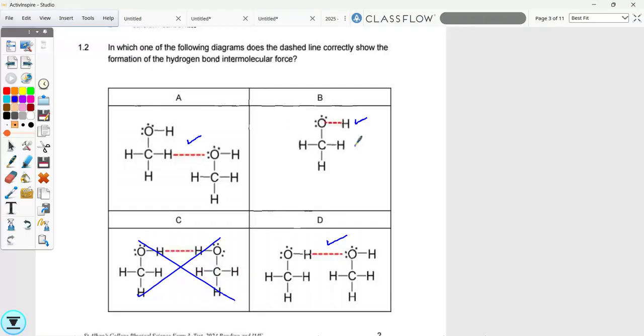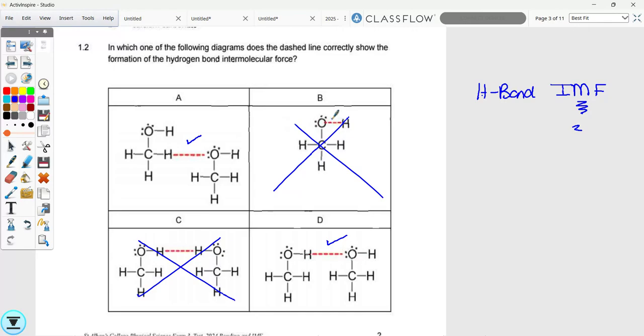Remember, a hydrogen bond is an intermolecular force. It must be between 2 molecules. Do I have 2 molecules there? No. So again, clearly this one is rubbish. Because there's only 1 molecule. So that's inside the molecule.